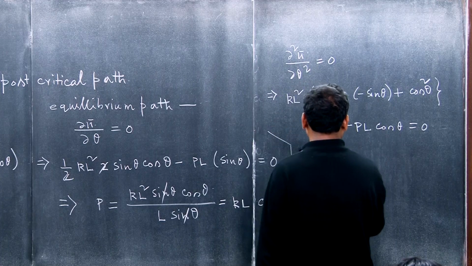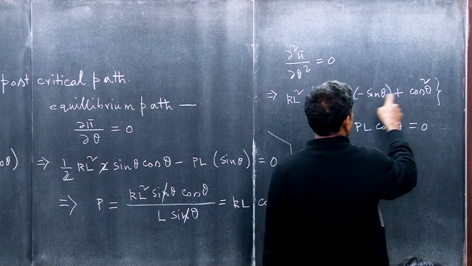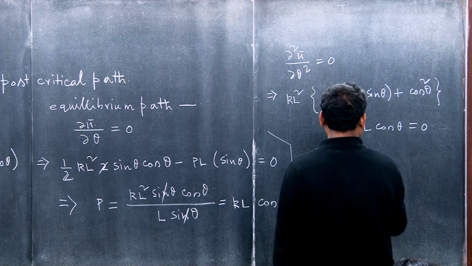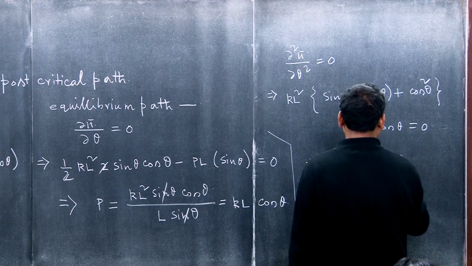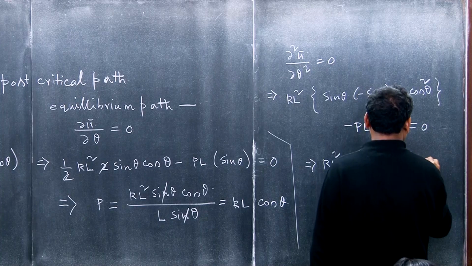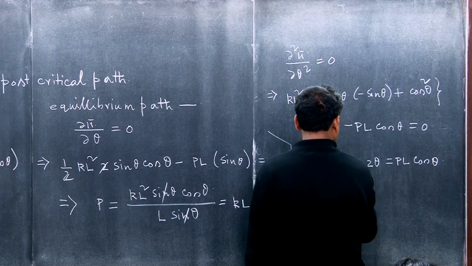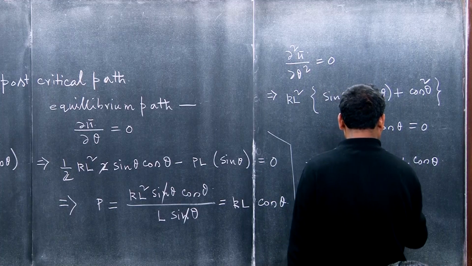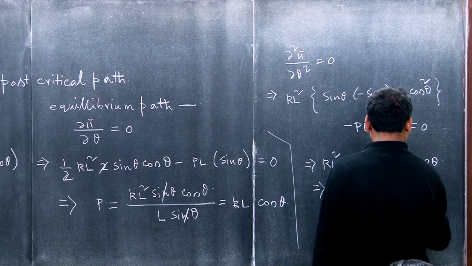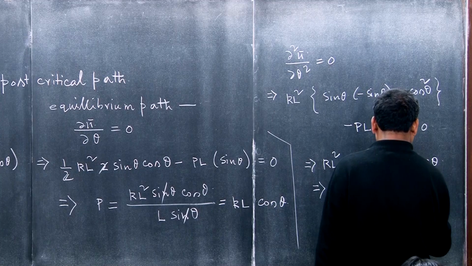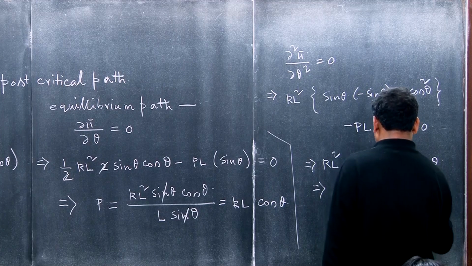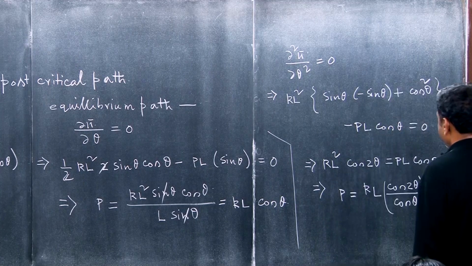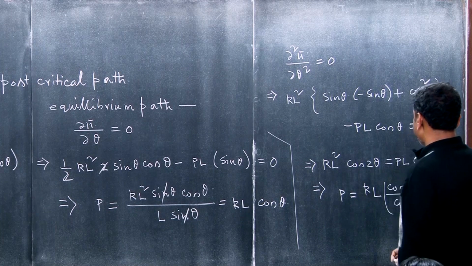And then it is K L square cos square theta minus sin square theta, means cos 2 theta, is equal to P L cos theta, or P is equal to K L cos 2 theta by cos theta, right. Fine.